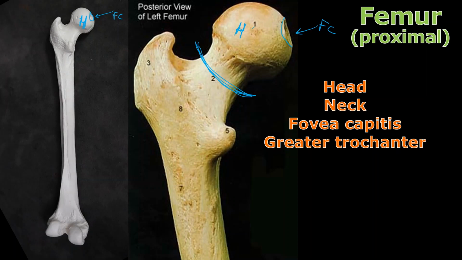If you remember, the humerus had 2 large lumps. One was called a greater tubercle, and the other was a lesser tubercle. In the femur, they're called greater and lesser trochanters. Right here, I'm outlining the very large, unmistakable lump, the greater trochanter. Trochanter is, I believe, a Greek root referring to a runner.